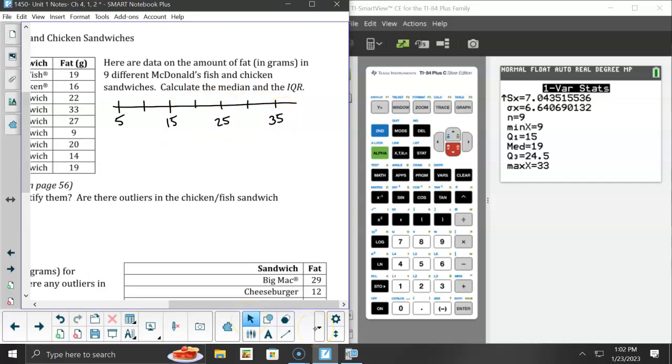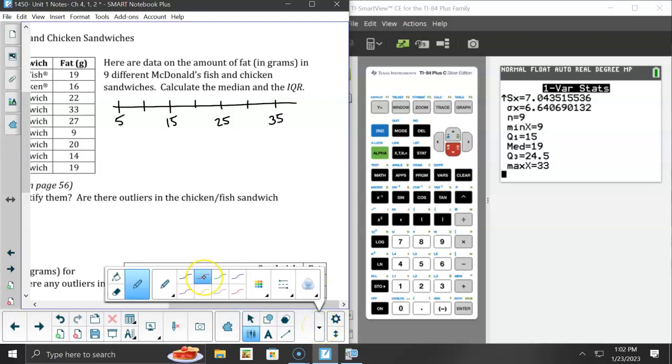And then if you have to do a box plot off of this, remember, the 5 numbers I need for the box plot are right here. Min is at 9. Q1 is at 15. Median is at 19, Q3 is 24.5, and max is 33.